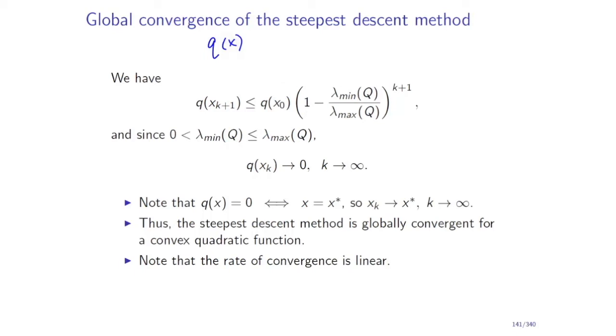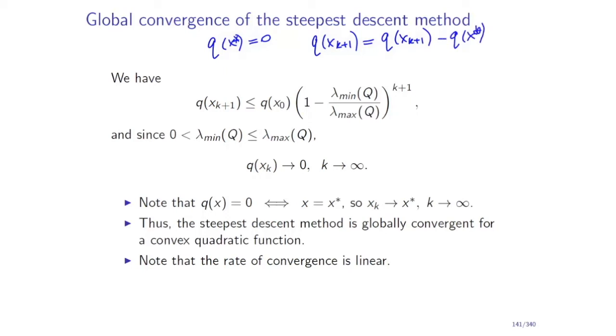And because our global optimal value is equal to 0 here, because q of x star is 0, q of xk plus 1 is the same as q of xk plus 1 minus q of x star, which remember is 0.